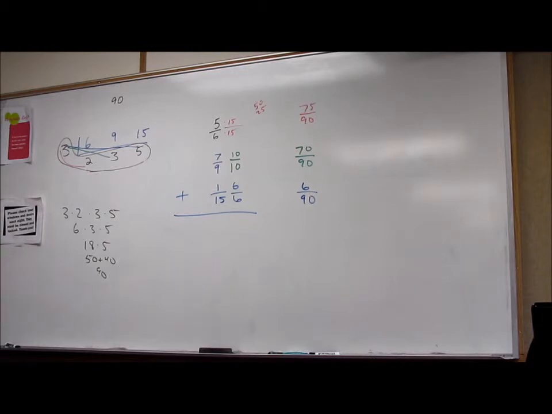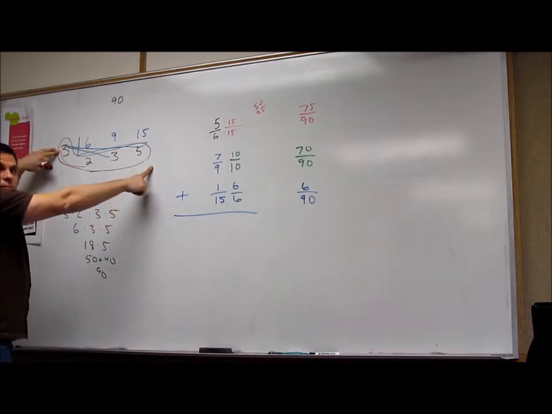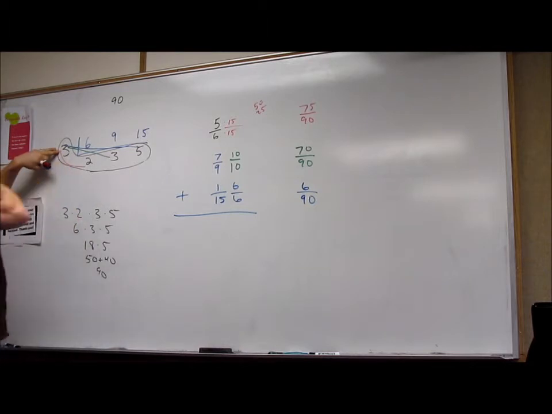Again, very complex, but also very simplistic. You find your GCF, you find your LCM. That LCM is your LCD.